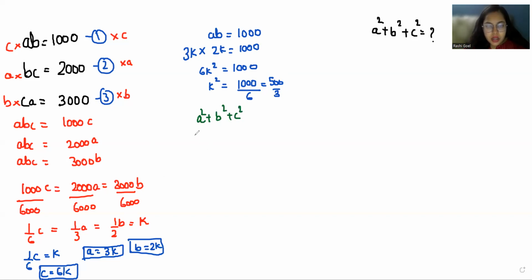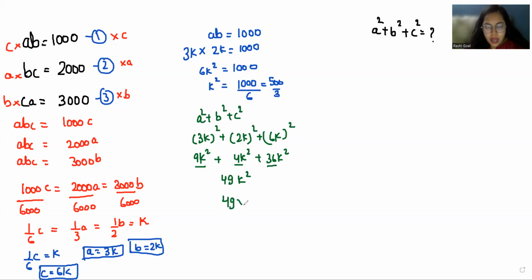So A is 3K: 3K square plus 2K square plus 6K square. 3K square is 9K square plus 4K square plus 36K square. So 9 plus 4 plus 36 is 49K square.